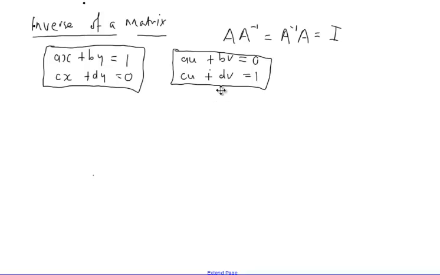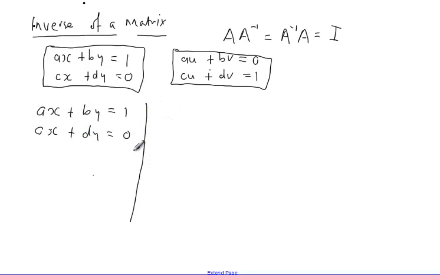using the method of elimination. We did the method of elimination, is it? Okay. I thought you were also going to say no. So it's ax plus by equals 1, then cx plus dy equals 0.